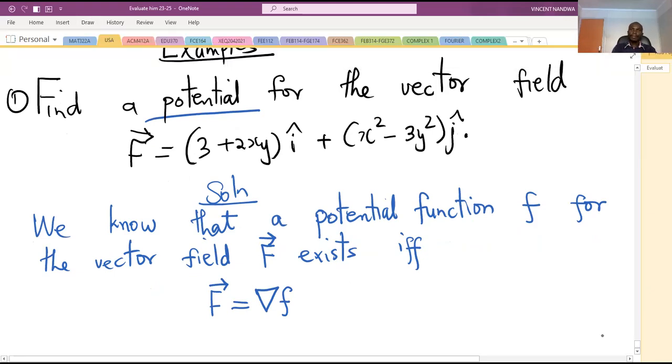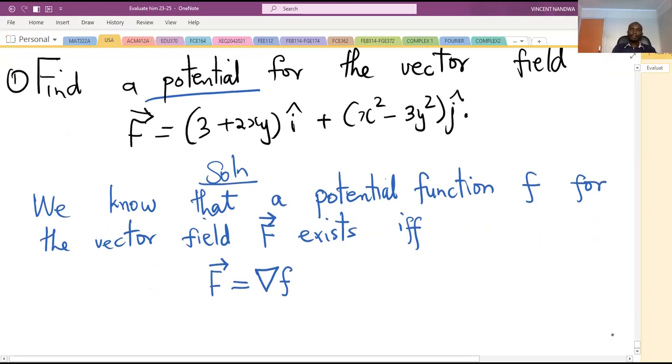So next we say, because this is 2D, we write the gradient of this scalar function, or this potential, in 2D.